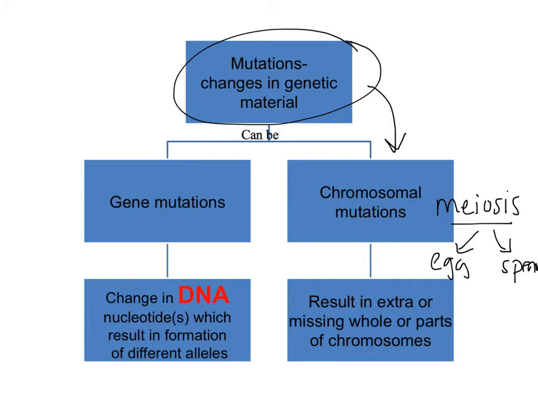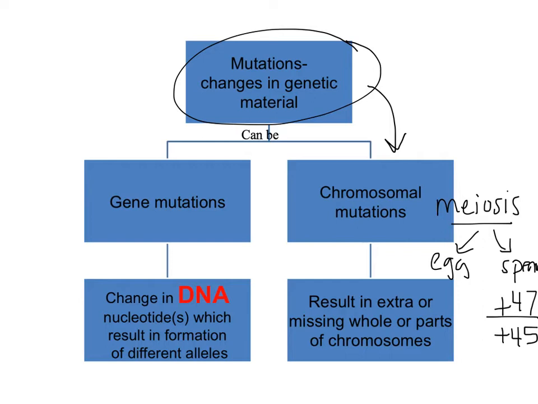And if something goes wrong in that chromosomal separation, then we could either get too many chromosomes, so plus 47, or we can get too few. So for humans, those numbers would be either plus 47 or plus 45.